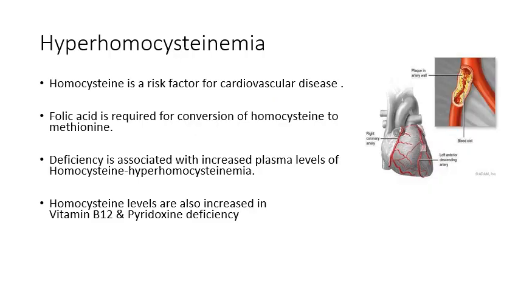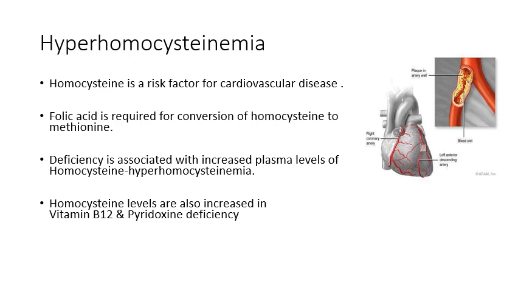Now the next deficiency manifestation is hyperhomocysteinemia. We have seen the conversion of homocysteine to methionine, and the role of tetrahydrofolate in it. Homocysteine is a risk factor for cardiovascular disease, and folic acid is required for the conversion of homocysteine to methionine.